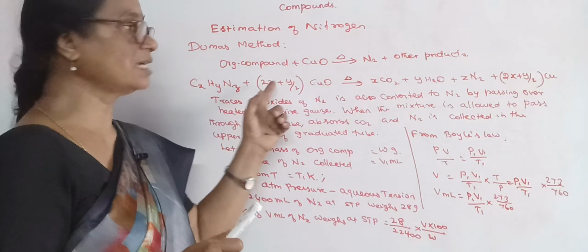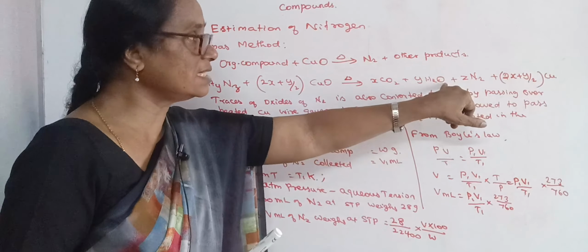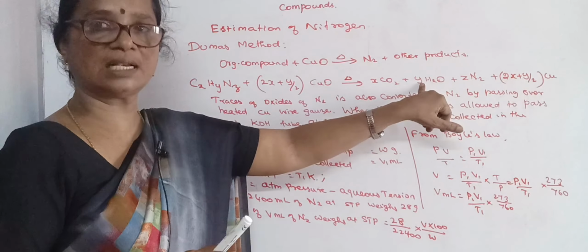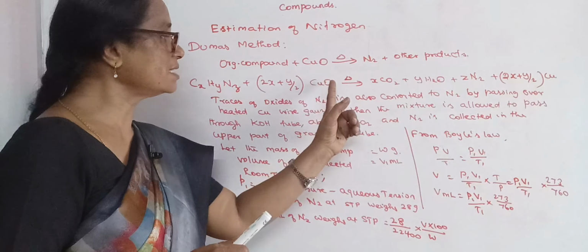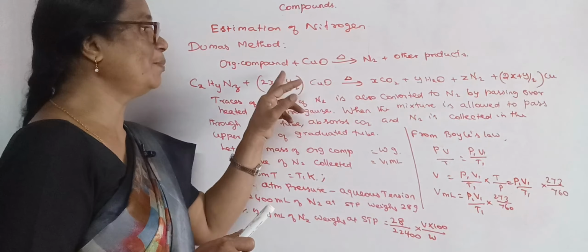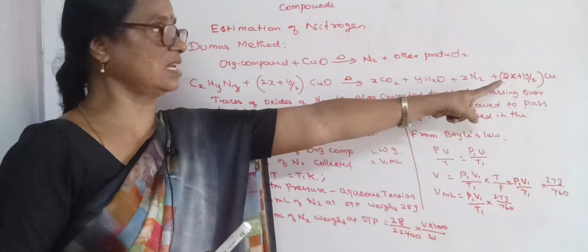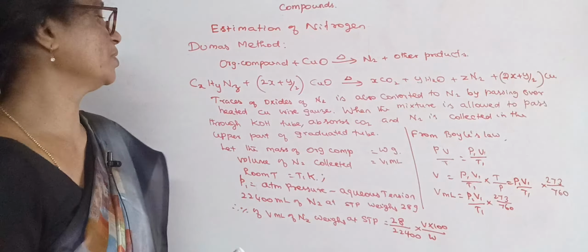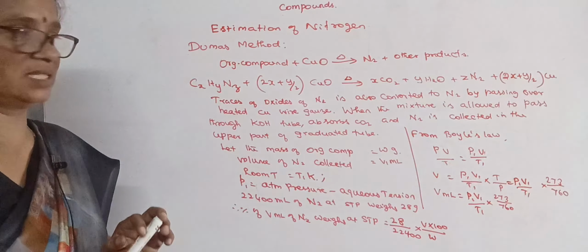I have taken 2X, but in water it is Y times of H2O, and oxygen is a diatomic element, so the Y is divided by its atomicity. So, I have taken Y by 2. So, you can balance the oxygen present in 2X times of carbon dioxide and Y by 2 times of oxygen in water. The copper which is left behind is 2X plus Y by 2 times of copper.